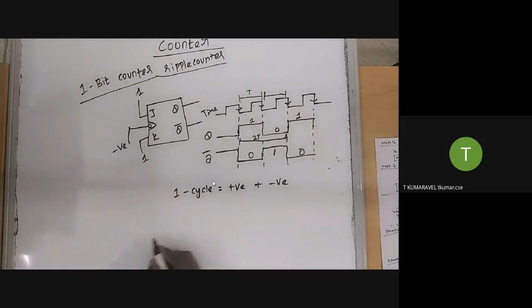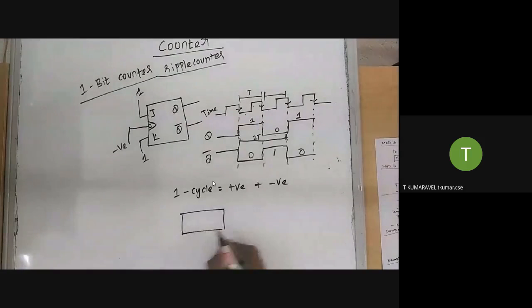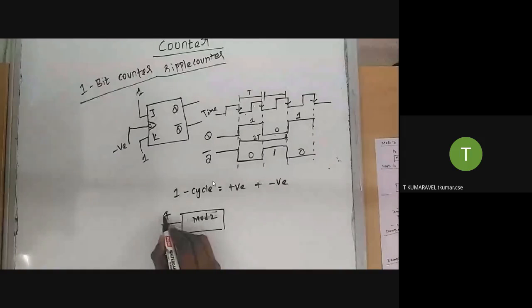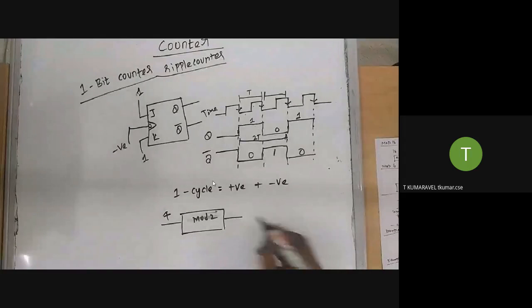Sometimes people represent the counter in such a way. This is a counter, for example, a mod 2 counter. Mod 2 means it produces 2 outputs, either 0 or 1. Suppose you provide an input frequency, the output frequency is F divided by n.